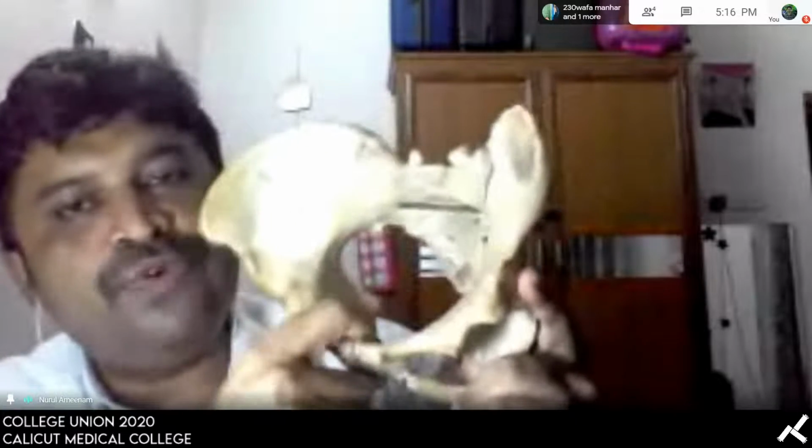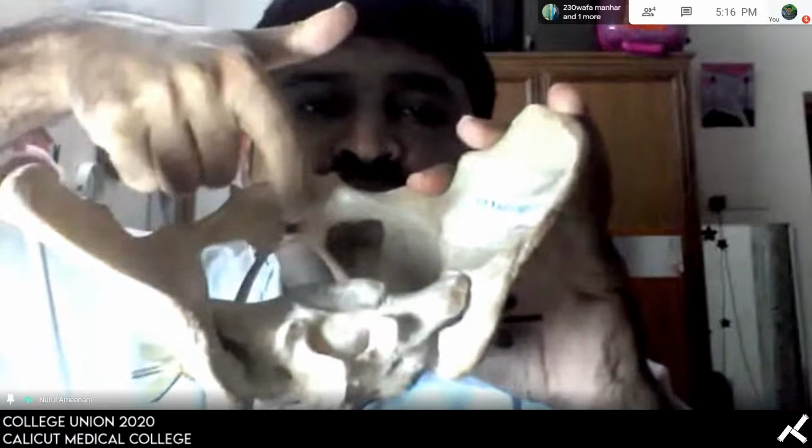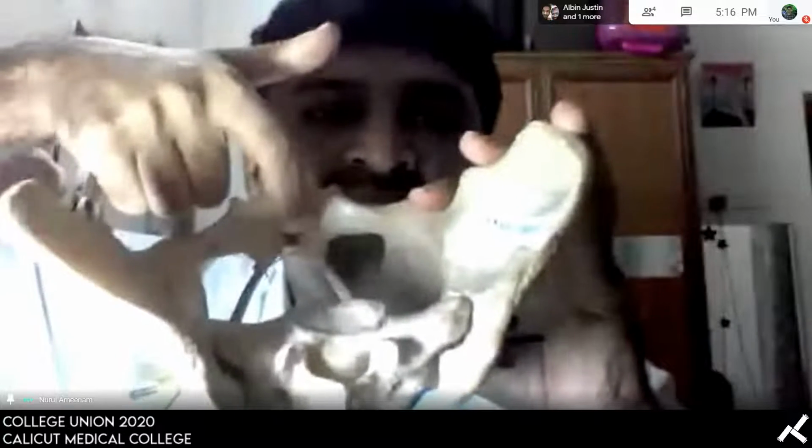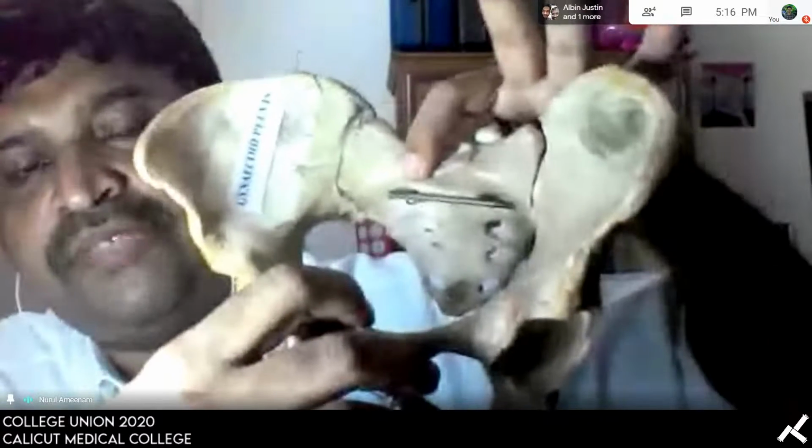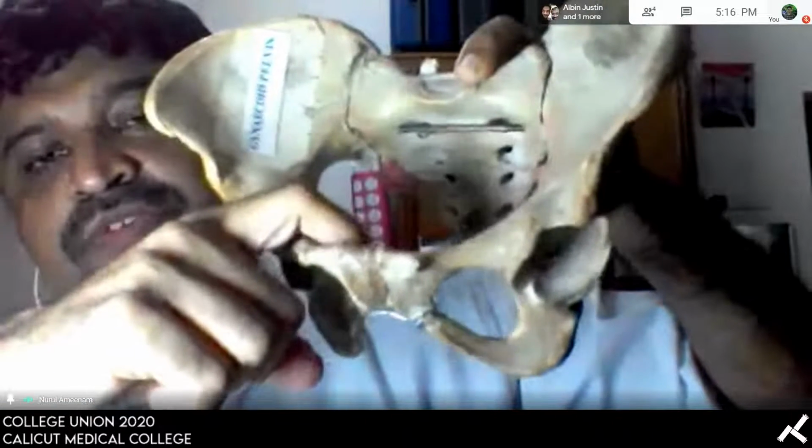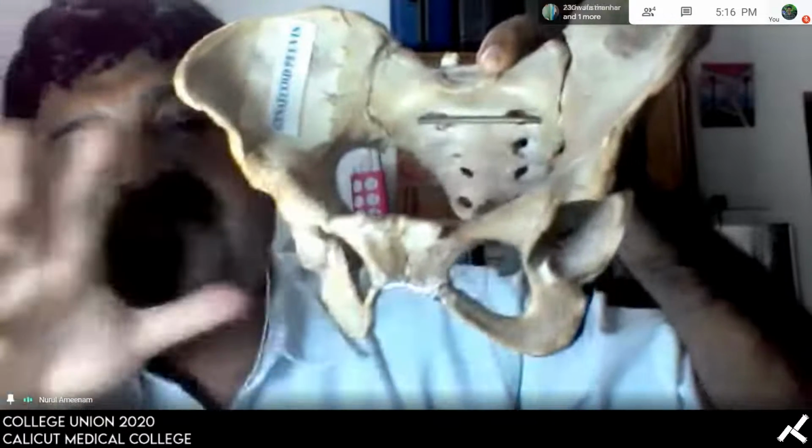Take the posterior surface of the pubic symphysis; I can feel the most prominent area there. From this point on the posterior surface, if I draw a line to the same point as we took for the longitudinal and anatomical conjugates, the center of the promontory, that is called the obstetrical conjugate.